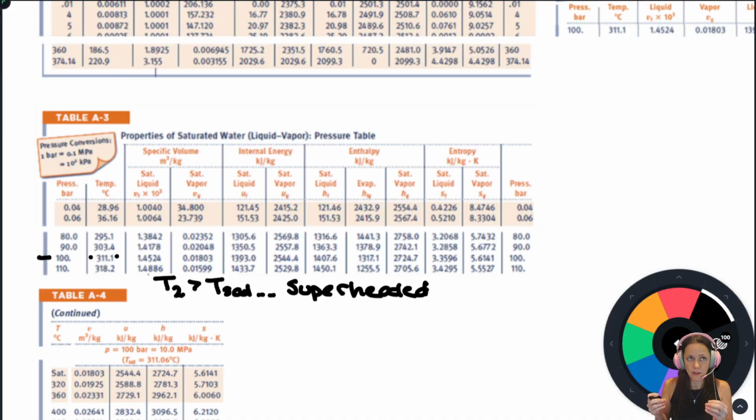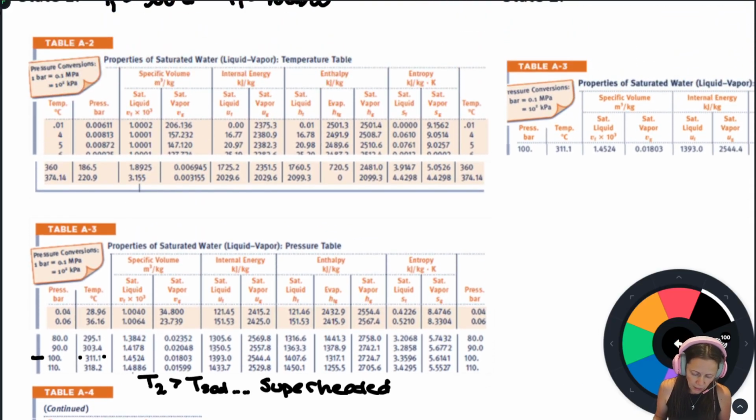It has properties of both, but if you had to describe it, it probably looks more like a gas. It's invisible, very high temperature, very high pressure, supercritical steam. For our purposes, what it really means when we look up property data is we go to our superheated tables. That's where all that data is going to be. So if you're above that critical temperature, you're going to your superheated tables.